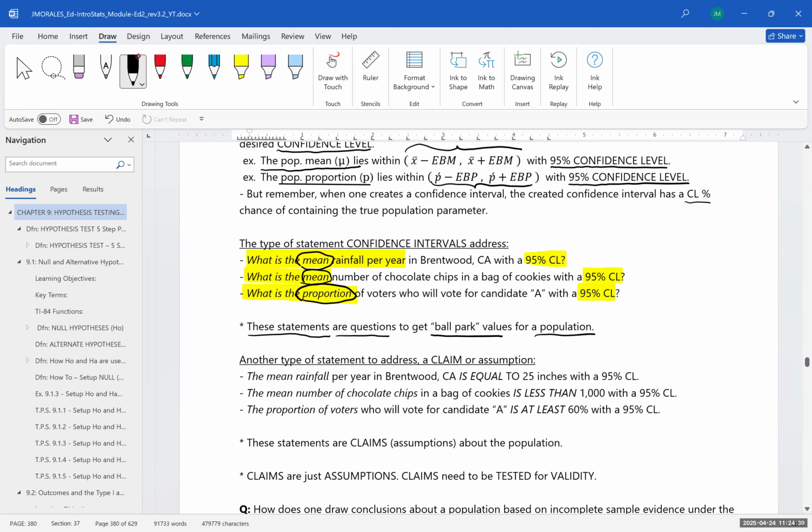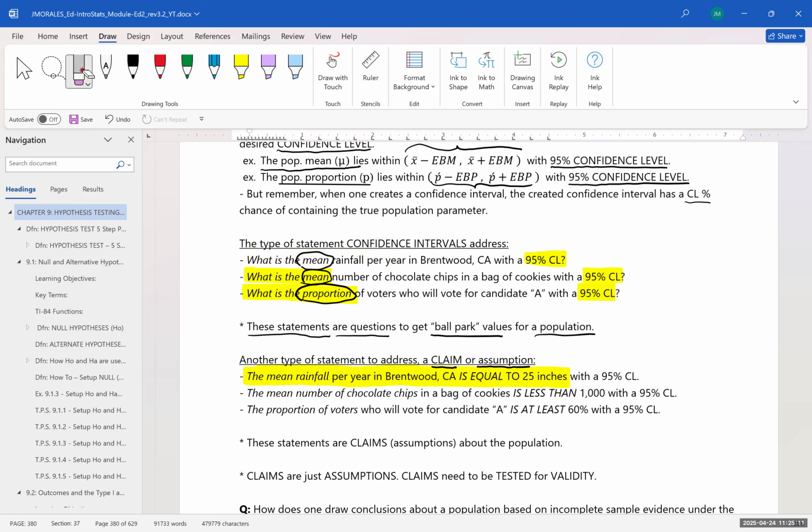Now, another type of statement to address is a claim or an assumption. If we were going to take these same topics but make a claim about them, we would say something like, the mean rainfall per year in Brentwood, California is equal to 25 inches. Here we're making a claim that the mean rainfall is a certain number.